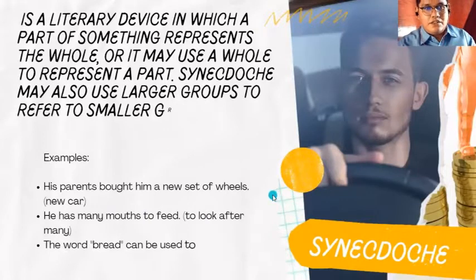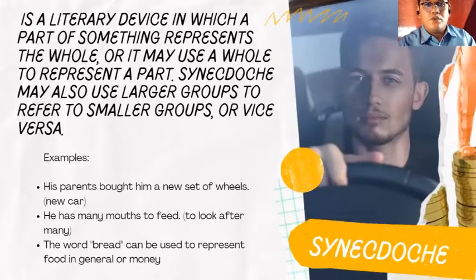Next is synecdoche. It's a literary device in which a part of something represents the whole, or it may use a whole to represent a part. Synecdoche may also use larger groups to refer to smaller groups or vice versa. Ito yung mga bagay na kung saan binibigyan ng kahulugan yung nakasanayan na natin.